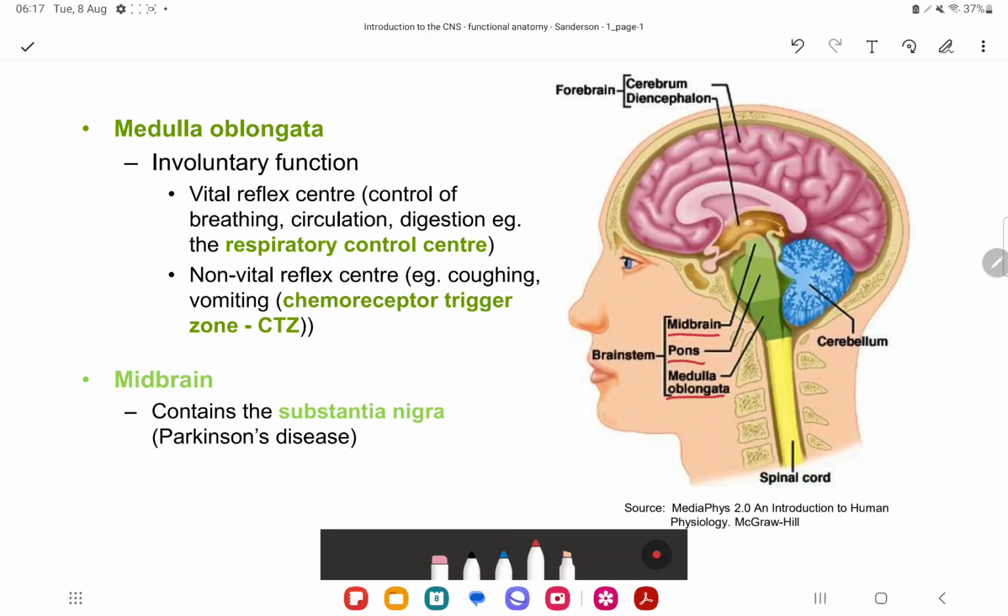Now we're going to talk about what the medulla oblongata and the midbrain do. She doesn't really go into what the pons does.